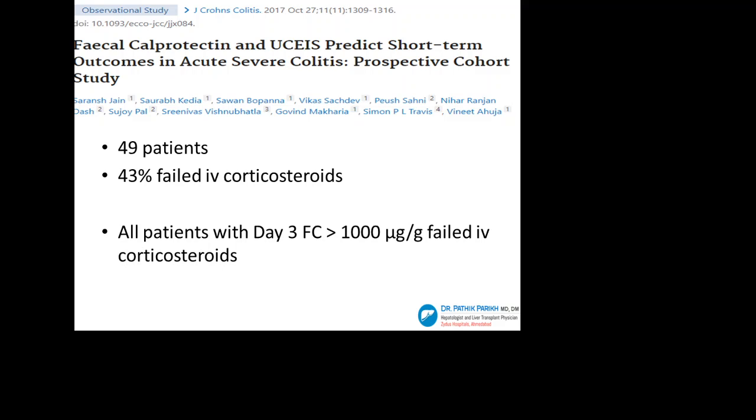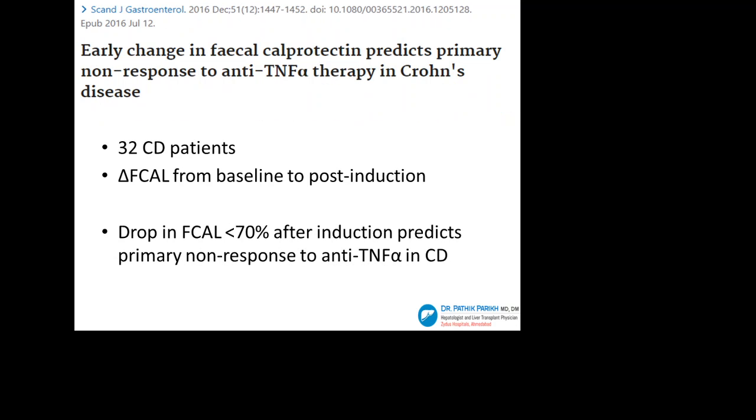Similarly, in an article published in 2017, 49 patients were included, and 43% failed to respond to IV steroids in acute severe ulcerative colitis. They concluded that if the fecal calprotectin level on day 3 of IV steroid is more than 1000, then the chances that the patient is likely to respond are quite low. And you can see this is an Indian study.